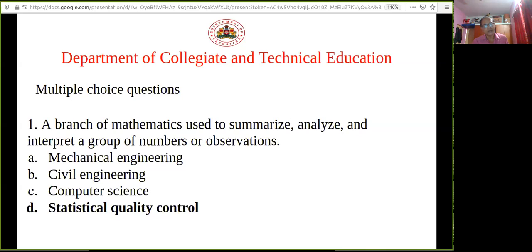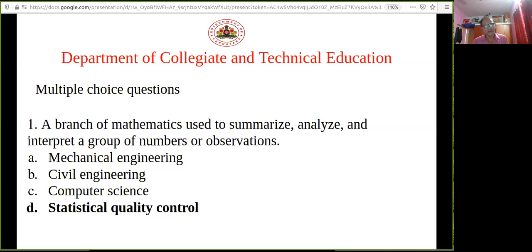Out of that, the second one, the descriptive type of SQC, will use whatever data we get, and that will be summarized, analyzed, and interpreted.